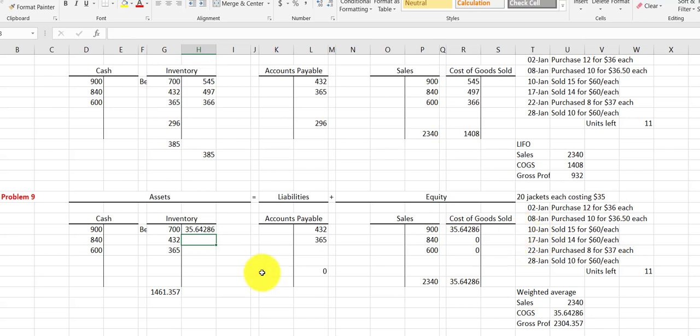And so we divide the $1497 we had by 42, and then multiply that by 15. Okay, and that's your credit inventory, debit cost of goods sold. Now, if you rounded, that's fine. I'm going to leave the decimals all there for right now.